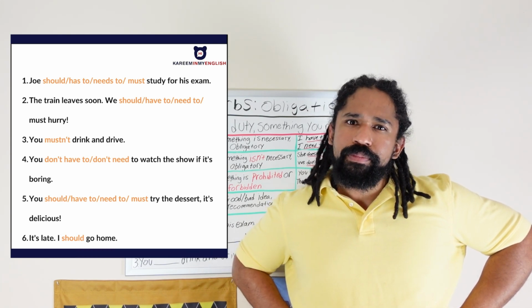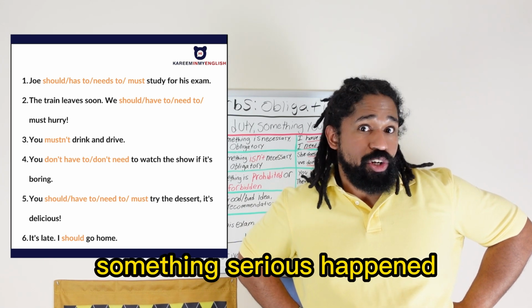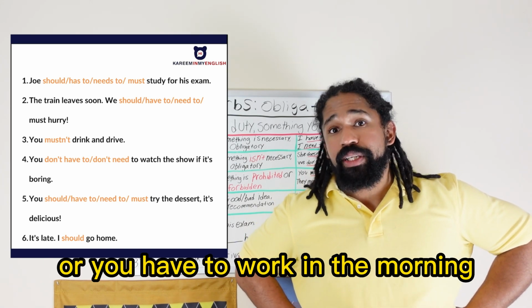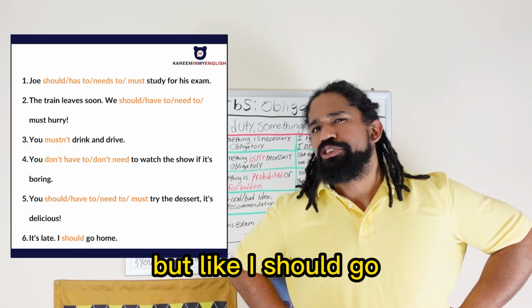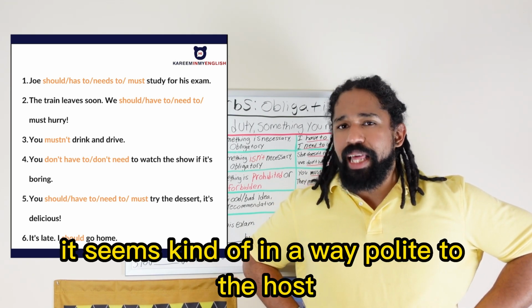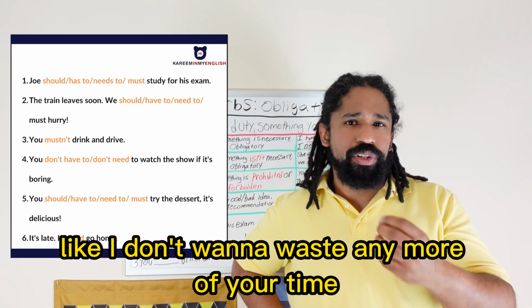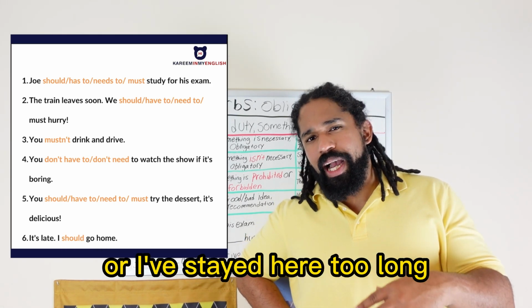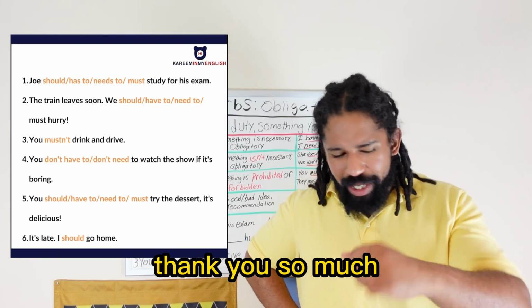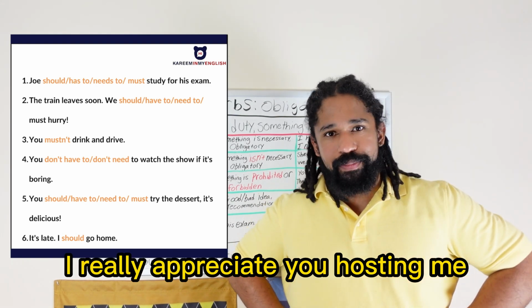I should go. When you say I have to go, maybe, who knows, something serious happened, or you have to work in the morning. But, like, I should go, it seems kind of, in a way, polite to the host. Like, I don't want to waste any more of your time, or I've stayed here too long, thank you so much, I should go. I really appreciate you hosting me.